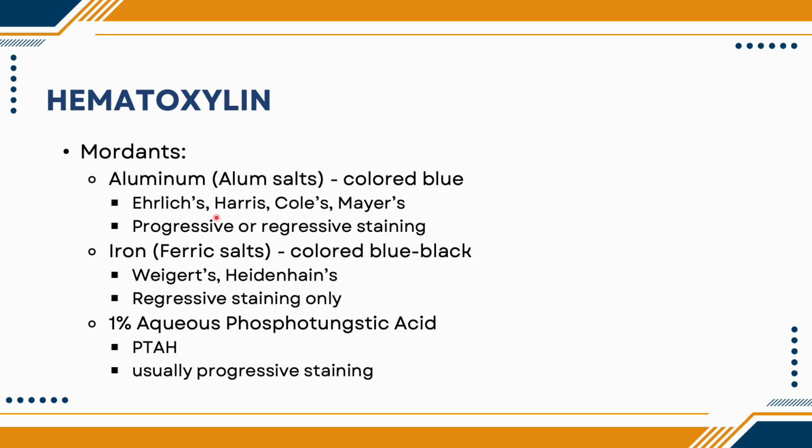So, yung 1% aqueous phosphotungstic acid, isa lang yung ginagamitan natin yan. Or, yun yung tinatawag natin na solution na pita. Or, the phosphotungstic acid hematoxylin, which is usually employed for progressive staining. Again, all of the various types of hematoxylin are something that you have to be able to remember by heart.